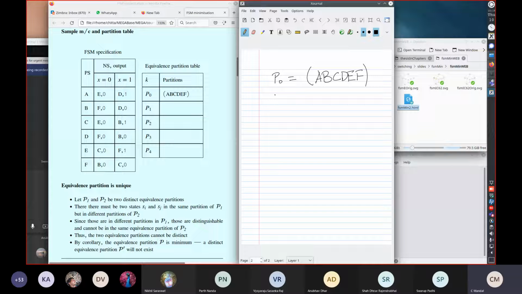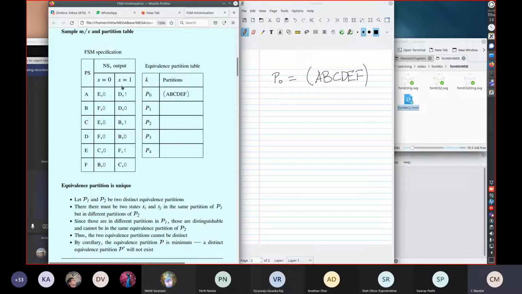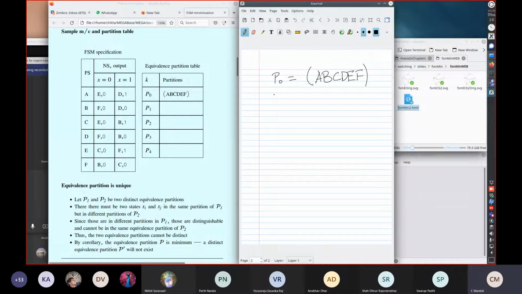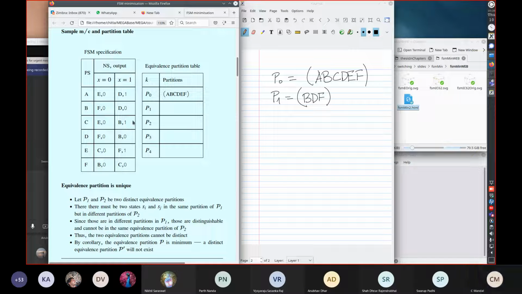In fact, the answer is yes, because for x equal to 1, you can see that not all states have the same output. So let us see. B, D, and F have output 1. Maybe I'll just put it on the other side.